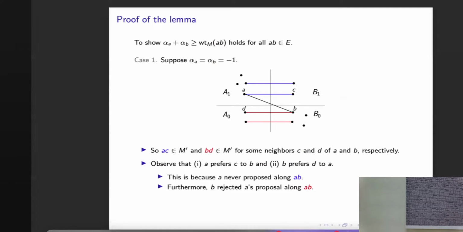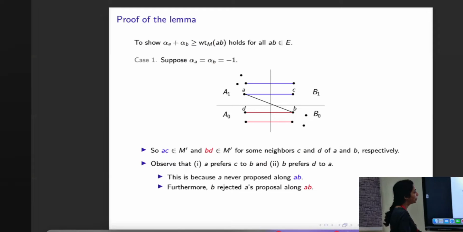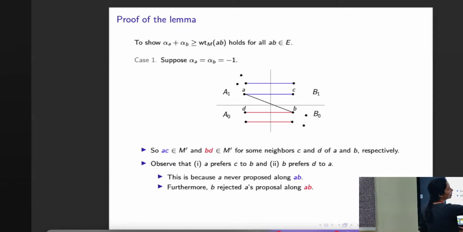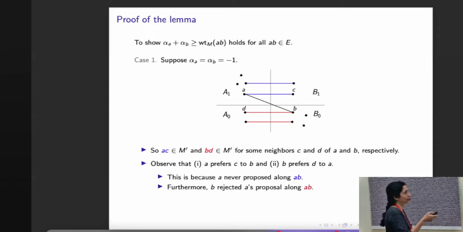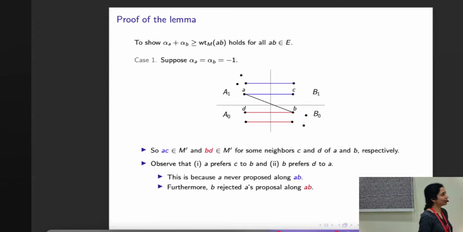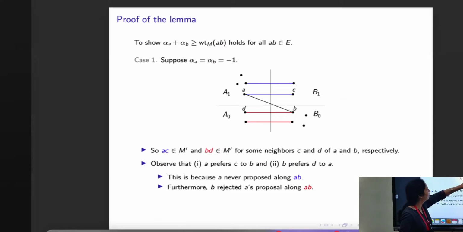If A had proposed along the blue edge AB, since any vertex in the set B prefers a blue edge to a red edge, B would have happily accepted any blue offer over any red offer. So, B would not be matched along the red edge BD. So, the fact that B is matched along a red edge means it never received any blue offer. In particular, A never proposed along the blue edge.